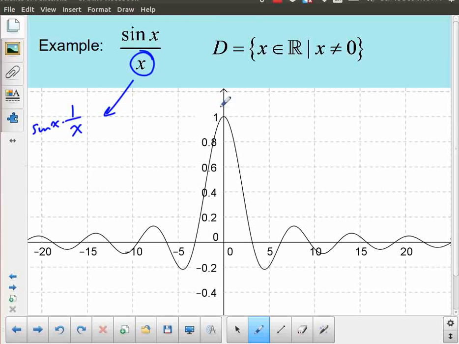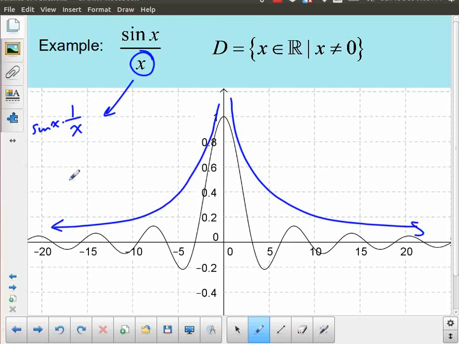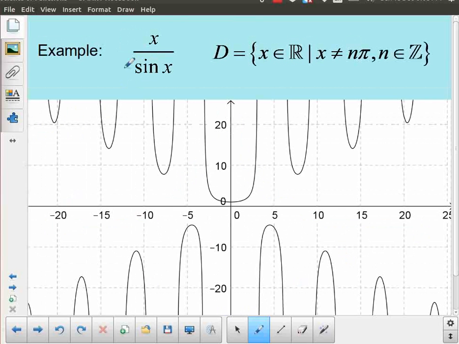And the reason is because there is this kind of reciprocal function shape going on. And that's where that shape is coming from. It's coming from that reciprocal function. If we take a look at the reciprocal of sine x over x, which is x over sine x, we still have the same problem when x equals 0.